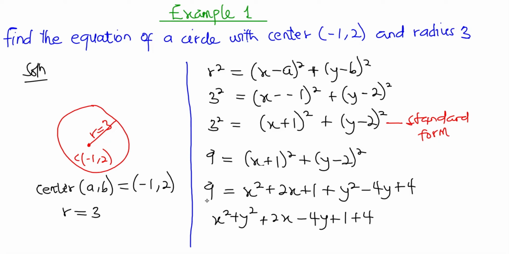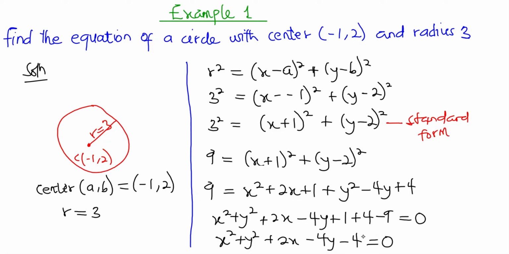Then we transpose 9, that is on the left hand side, to the right hand side. Here we have -9, and here we equate everything to 0. Now we can break this down, and we have x squared plus y squared plus 2x plus 4y, and then plus 1 plus 4 minus 9 gives us minus 4, which is equal to 0.